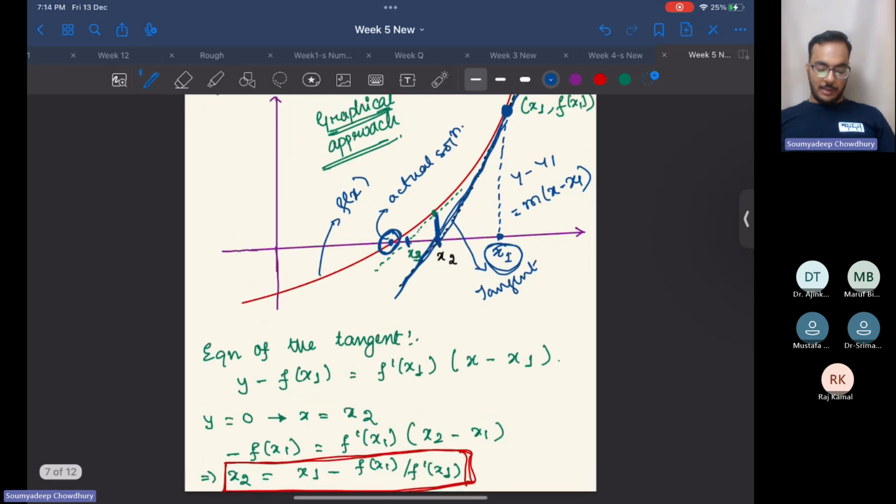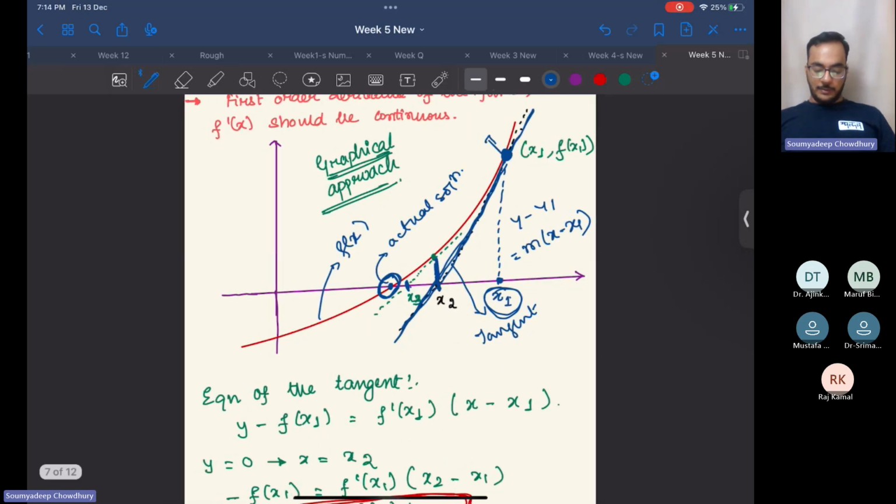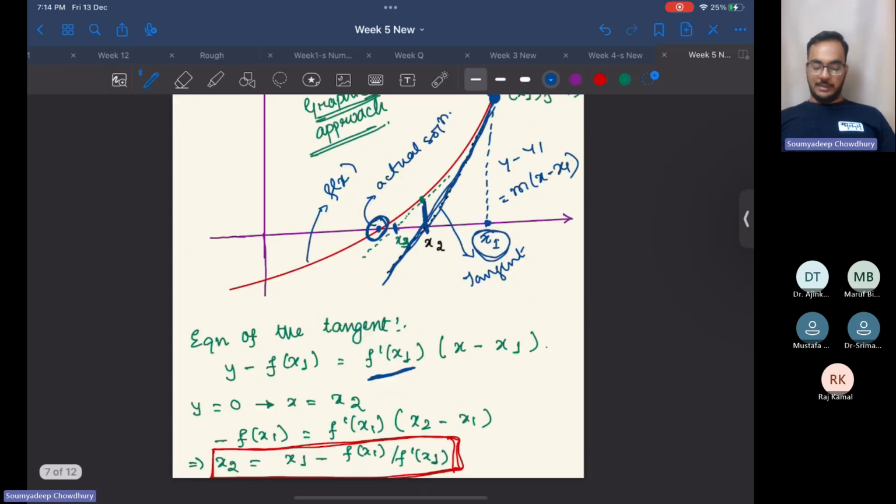So y minus f of x1 equals the slope of this line. The slope of the tangent is equal to the slope of the curve at this intersection point, x1, f of x1. So the slope is f dash x1, the derivative of the function at that particular x1, multiplied by x minus x1.